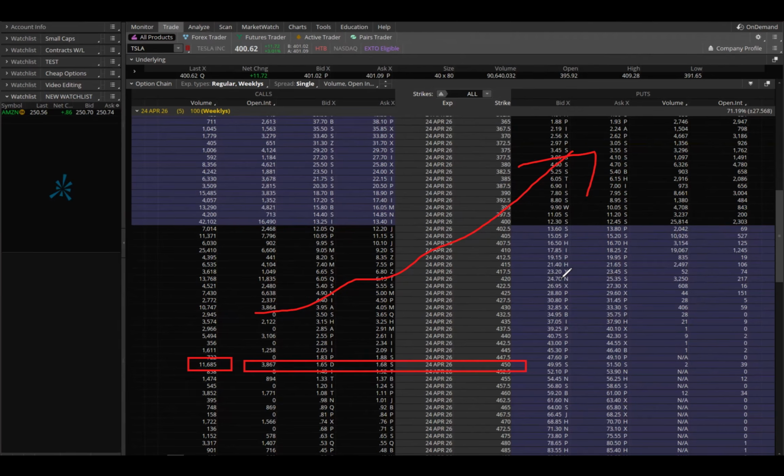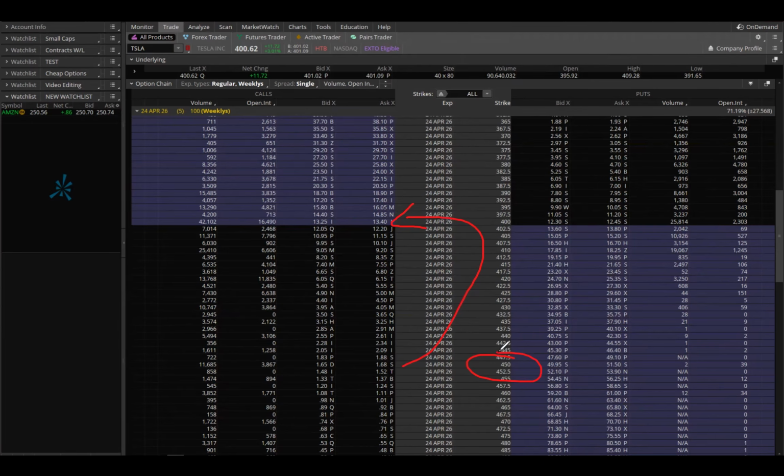That's very tough for that to happen. Now, it doesn't mean you can't take a lotto ticket. You can expect to lose your money here, and if Tesla moves up 15 or 20 and you have a nice move where it goes maybe to 3, $4, you double your money. That's possible. But to expect this 450 to go in the money, to expect this price to go where it is there, I don't think that's very smart.